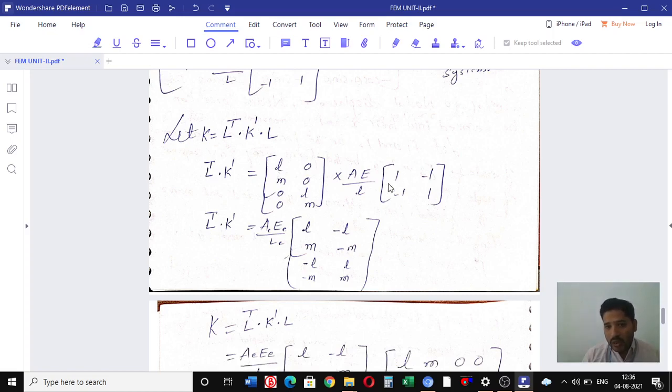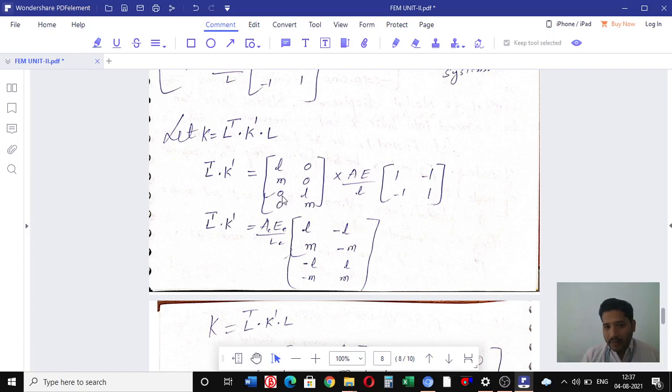L into L, it should be L. L into minus L should be minus L. m into 1 should be m. m into minus m should be minus m.